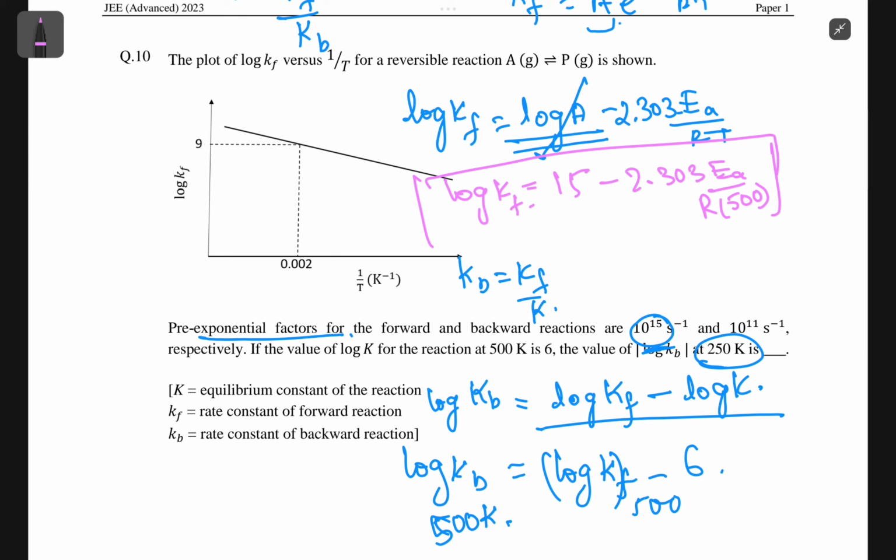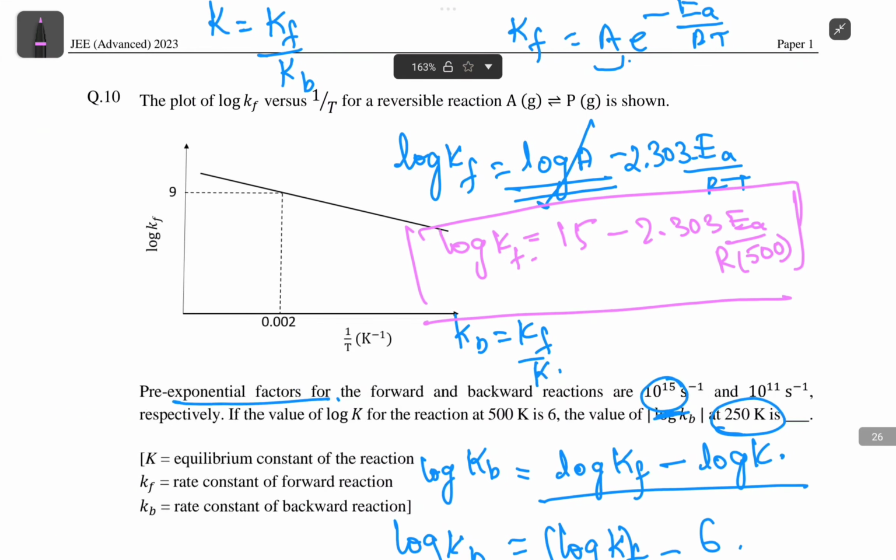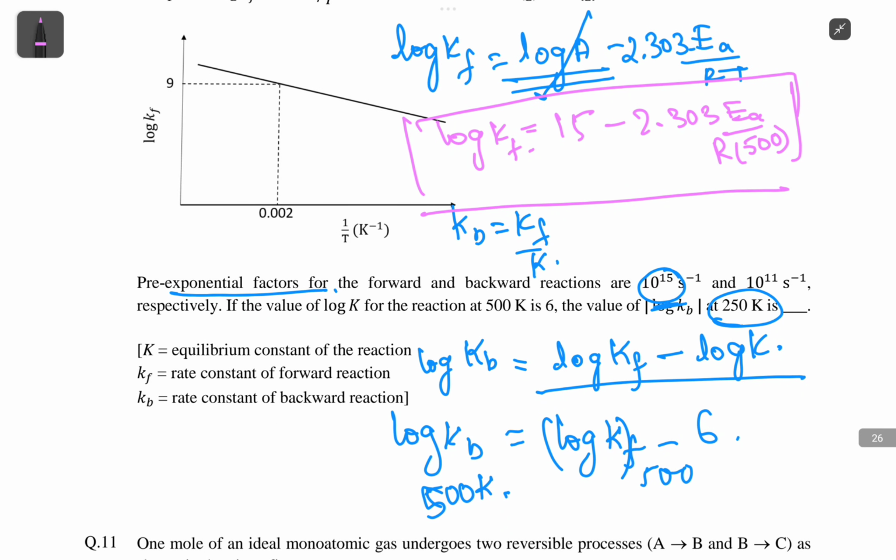And once you put all these values in, it's a little hard to solve, but I think it's easy enough. Okay, so now we have that log Kf is this, and if I want to write log Kb, I would have something like 11 minus 2.303 EA upon RT, right?